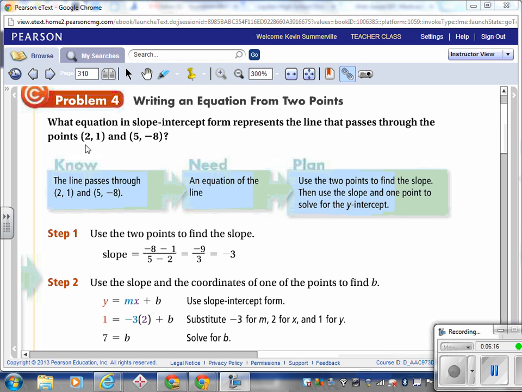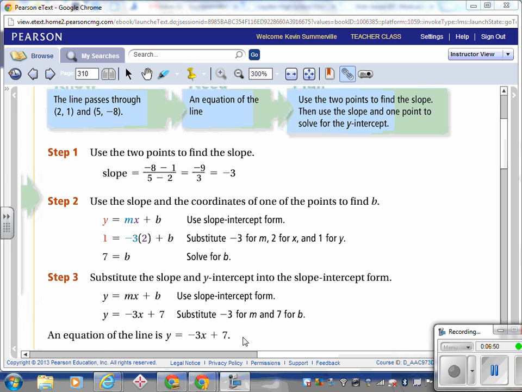So using this point up here, they took the 2, which is your x, and put it in for the x down here. This 1 came from the 1 that is up in this point. So after you substitute the x and the y into this equation, you go ahead and solve and find out that b equals 7. So now you have your y-intercept and you have your slope.